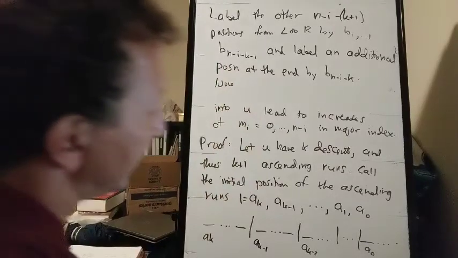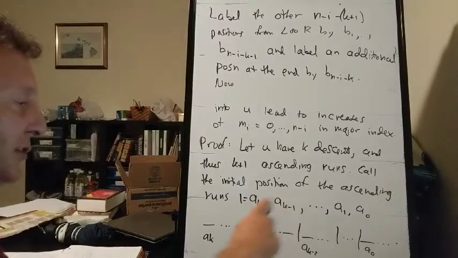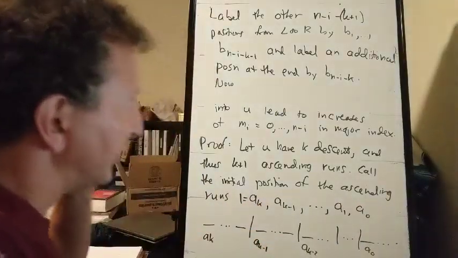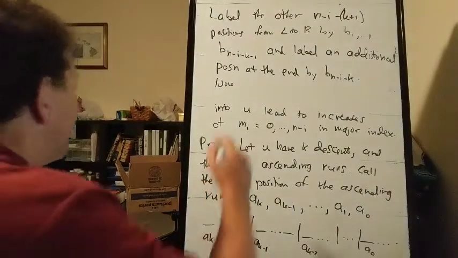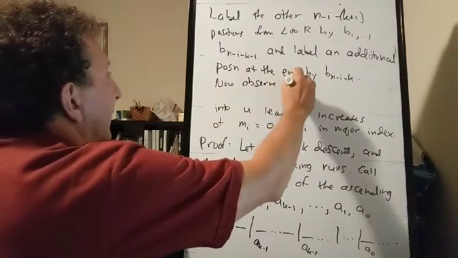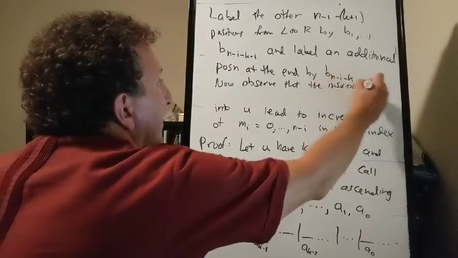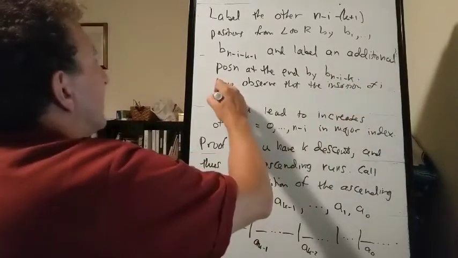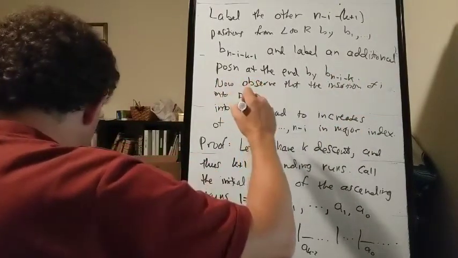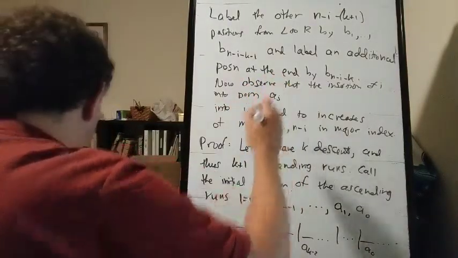So now we'll look and see what happens to the major index when we insert the new letter in each of these positions. And when we insert a new letter, we push everything to the right, one position to the right. So now let's observe that the insertion of I into position AJ.